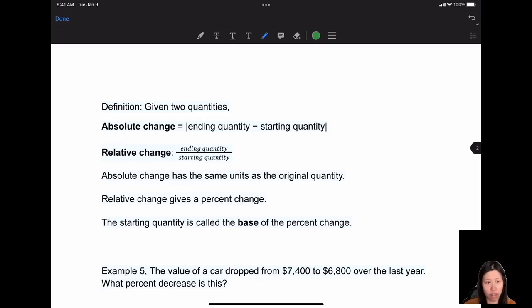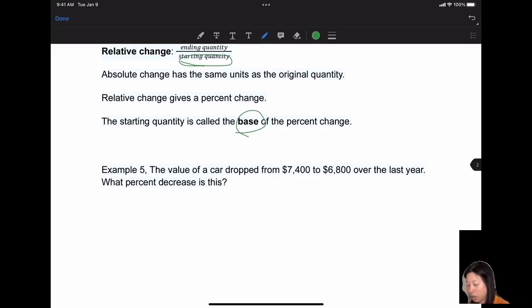Absolute change has the same unit as the original quantity. Relative change gives the percentage change, and the starting quantity is called the base of the percentage change, because the denominator is always the starting quantity.